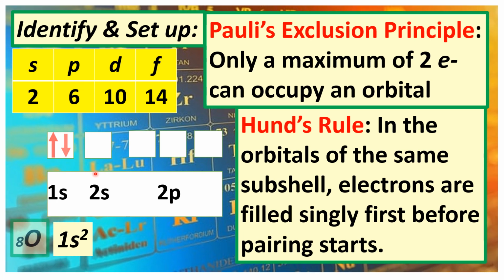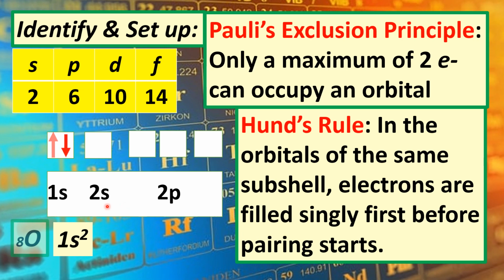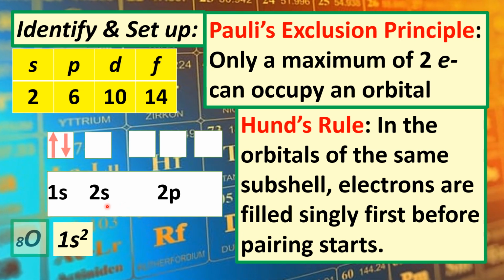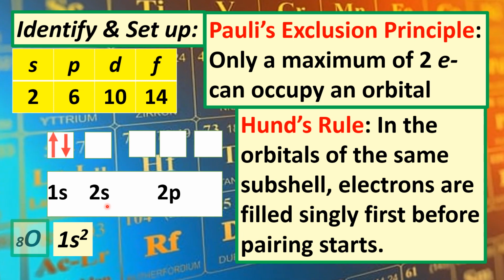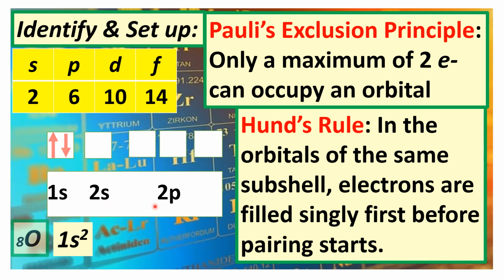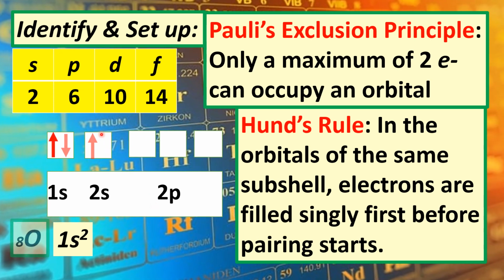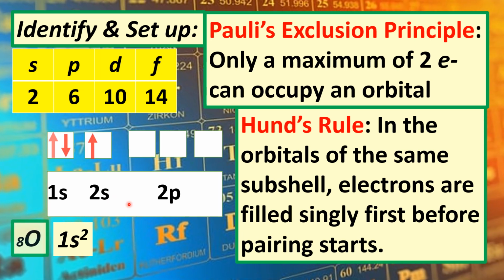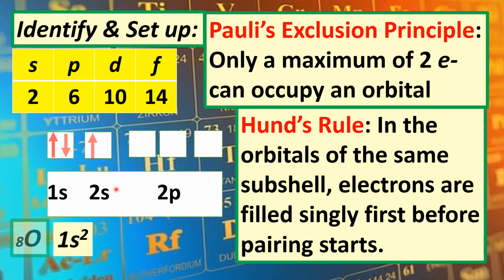The third electron, of course, will have to fill the next higher energy level, which is the 2s orbital. So we have the third spin up electron. Now, the fourth electron will still go to the 2s orbital.